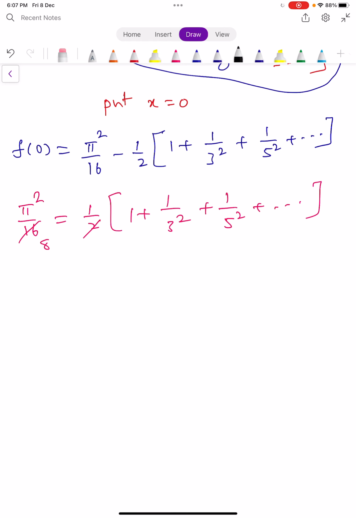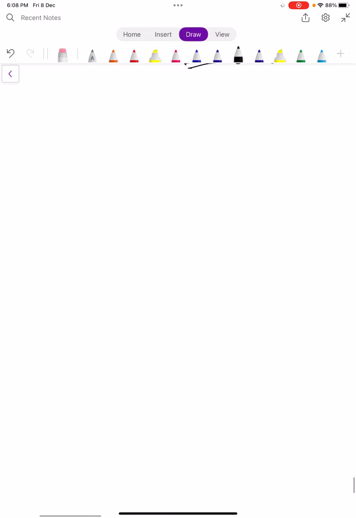So from this you get pi square by 8 is equal to 1 plus 1 by 3 square plus 1 by 5 square plus and so on, which is the required series. You observe that this is a lengthy process, but if you know the integration well, then it is very easy to solve the problems.